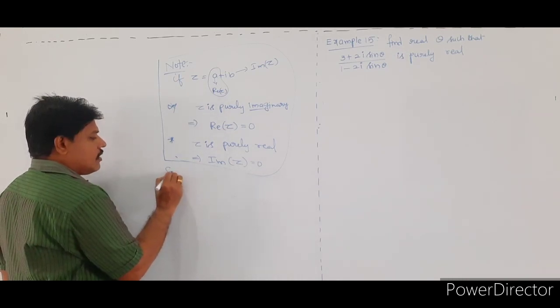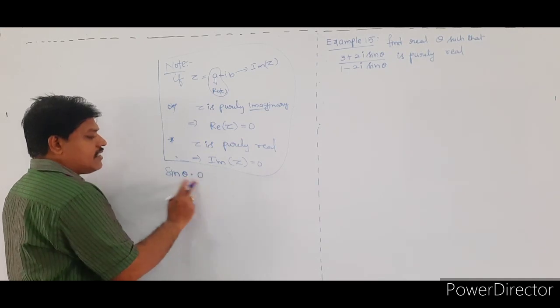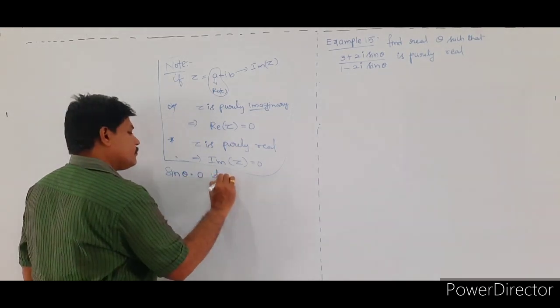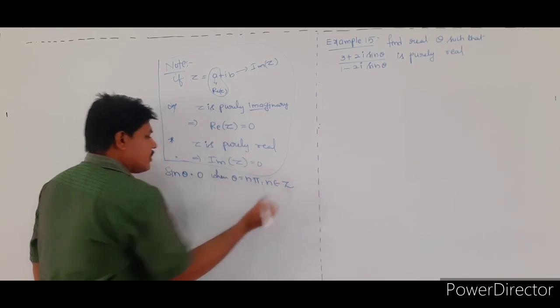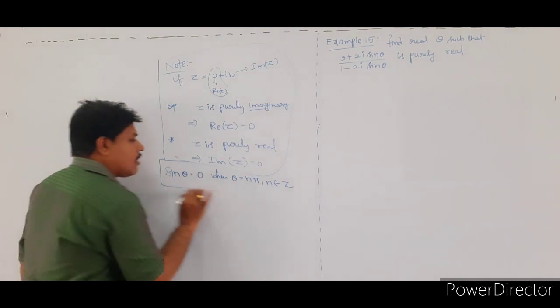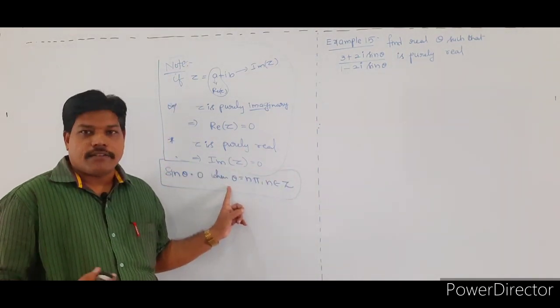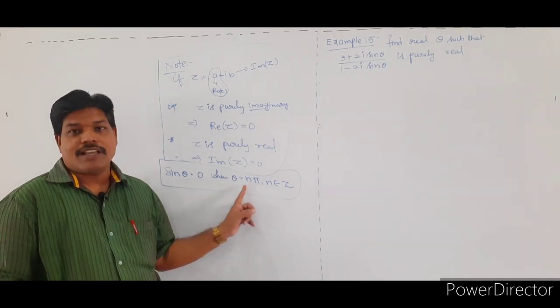See here, sin theta is 0 when theta is equal to n pi, n belongs to Z. This is the solution of that equation. Sin theta is 0 when theta is a multiple of pi.